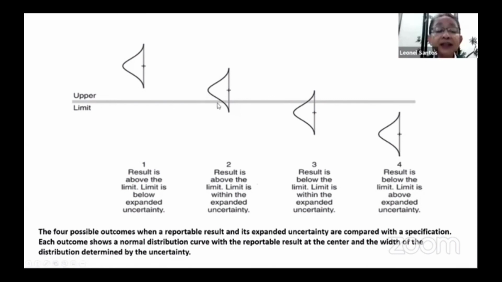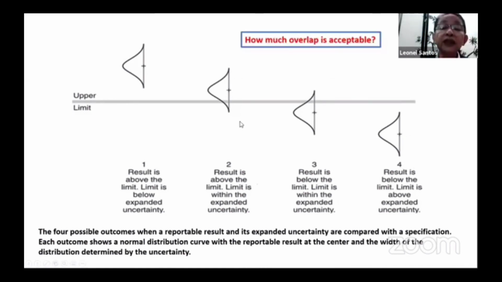The second is the result is above the limit, but the limit is within the expanded uncertainty, so you can see the intersection between the Gaussian curve and the upper limit. A third result could be the result is below, but there is also a possibility that the limit is within the expanded uncertainty. And the fourth is the result is below the limit. So the question is really how much overlap is acceptable between these 2 situations.